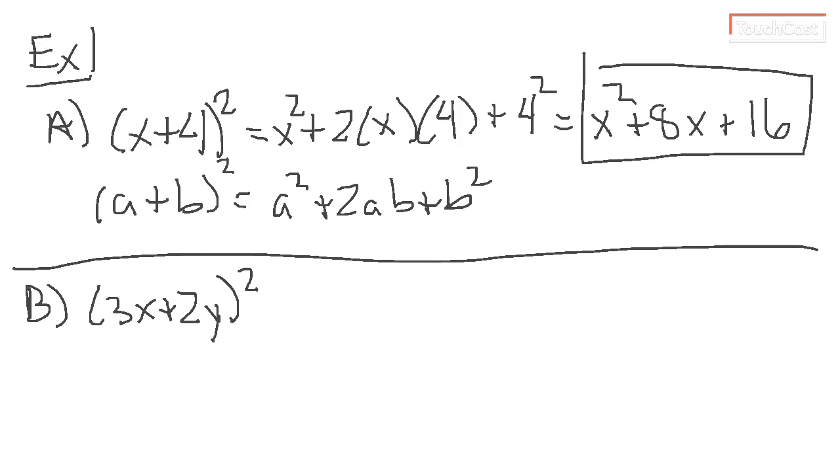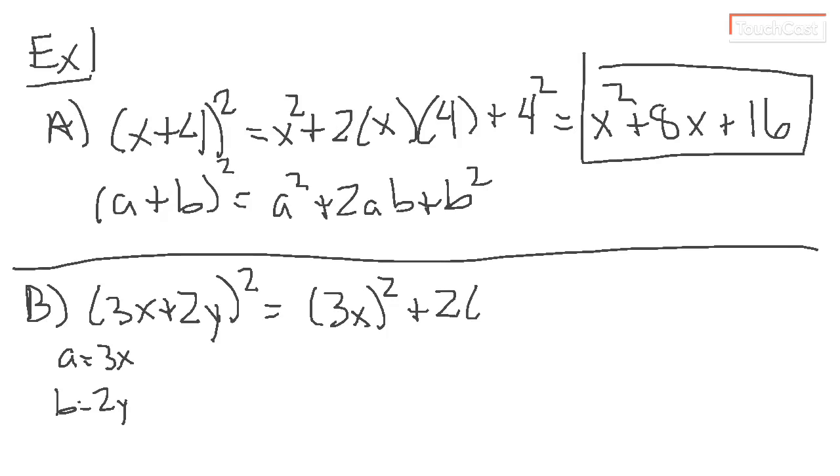So again, we're going to use that same formula, but in this case, a is the 3x, b is the 2y. So if we use that formula, we're going to take 3x and square it, plus 2 times 3x times 2y, plus 2y, and we're going to square that.